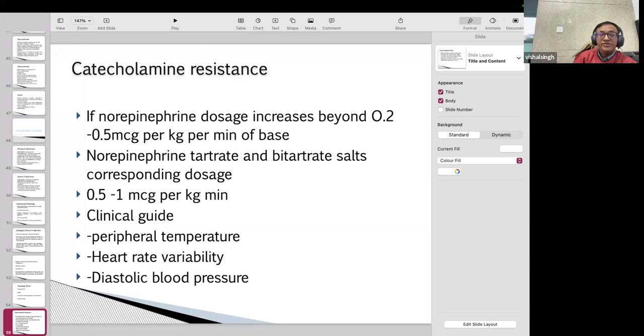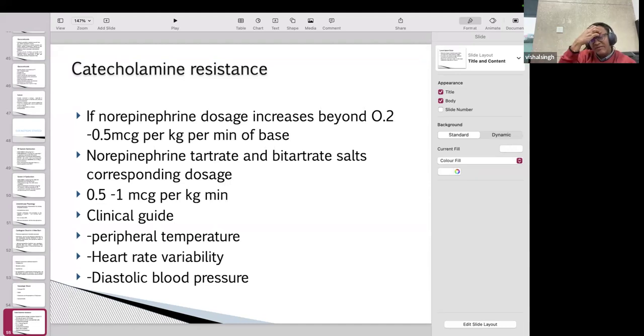And if norepinephrine dose increases beyond 0.2 to 0.5, a little bit of literature says 0.2, a little bit of literature says 0.5, but in our scenario, we presume that if anybody is taking more than 0.2 microgram per kg per minute base of norepinephrine, it is catecholamine resistance. And one has to be cognizant that you don't overdo that and try other vasopressors while you still have time.